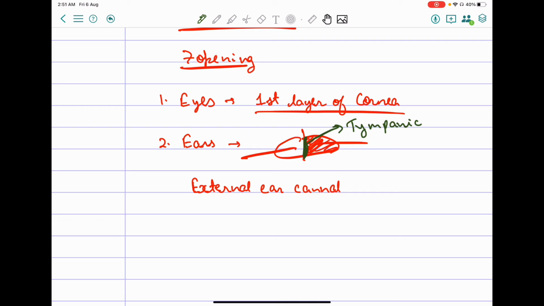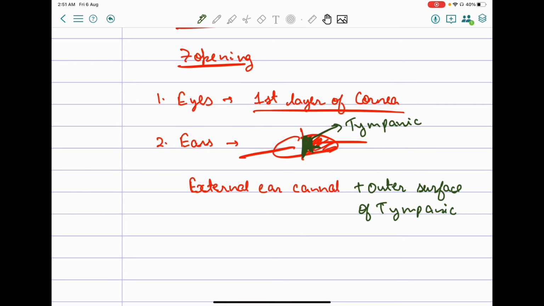The outer surface of the tympanic membrane is covered by which epithelium? That is stratified squamous epithelium.